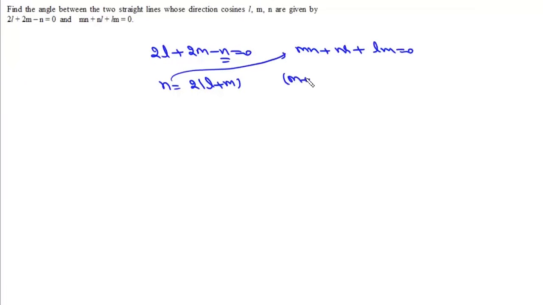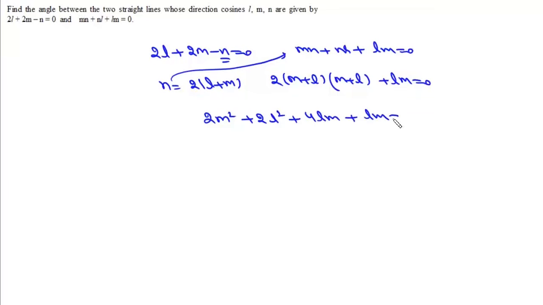So we can write m plus l, and this n is m plus l into 2 and plus l into m equals 0. So it will be 2m square plus 2l square plus 4lm plus lm equals 0.